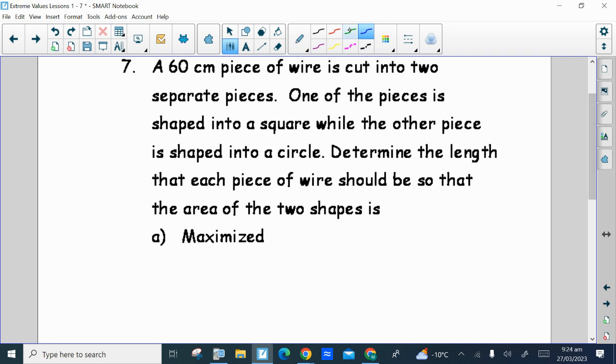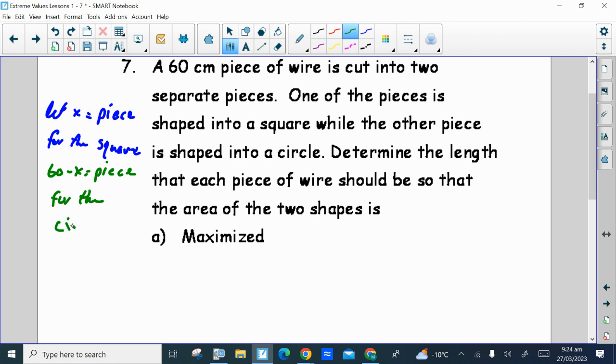But we're starting with a 60 centimeter piece of wire. So let x equal the piece for the square. That would mean 60 minus x will equal the piece for the circle.